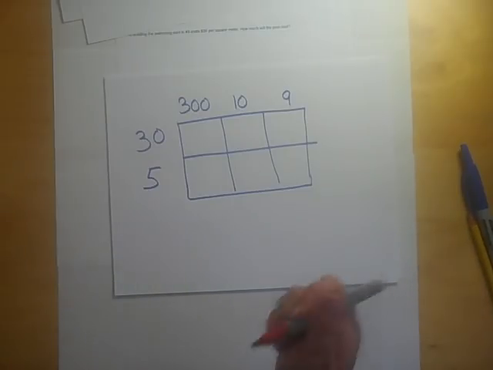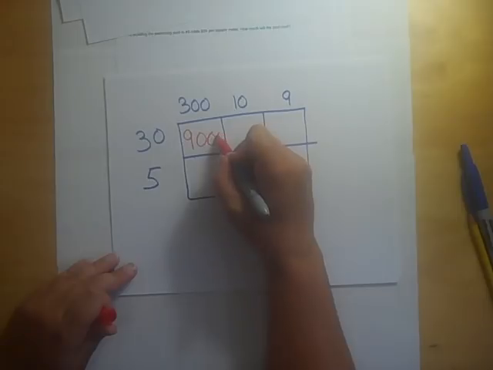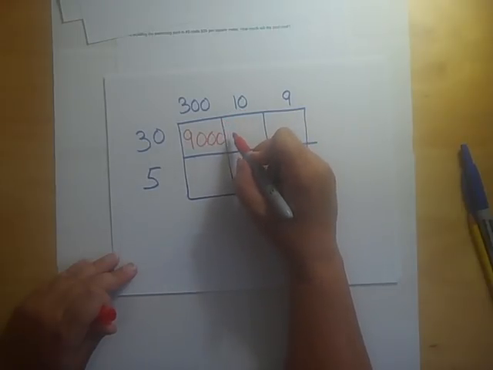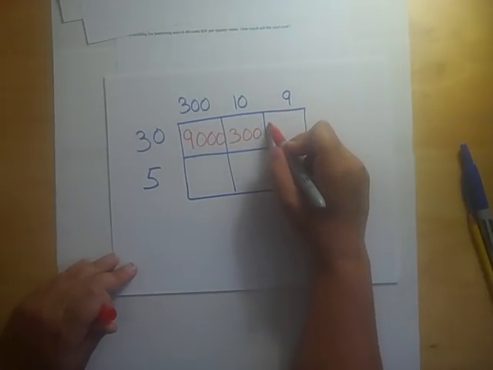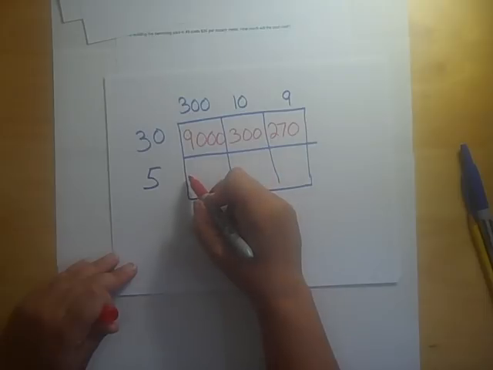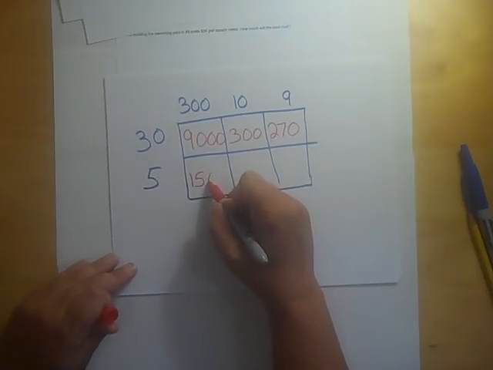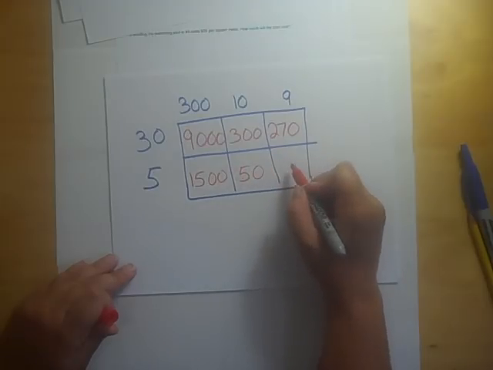So 3 times 3 is 9, 3 zeros. 3 times 1 is 3, 2 zeros, and this is 27, 1 zero. Get a 15, 0 0, 5 and a 0, and a 45.